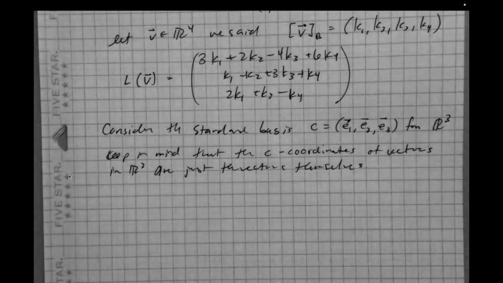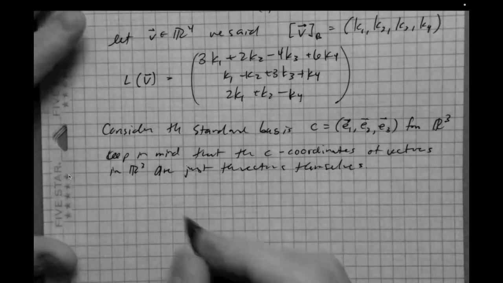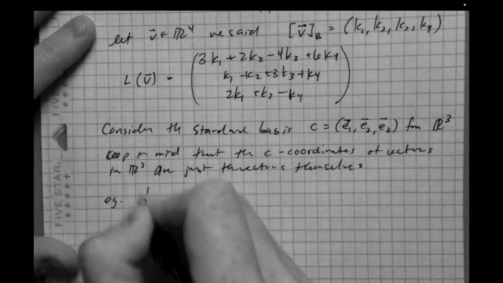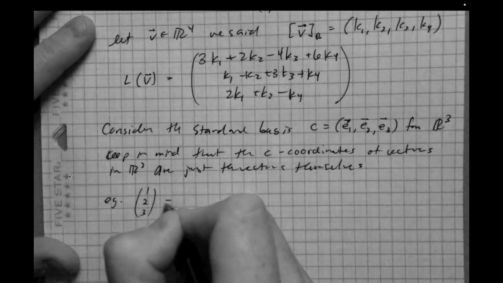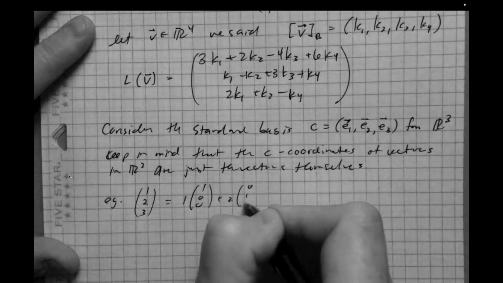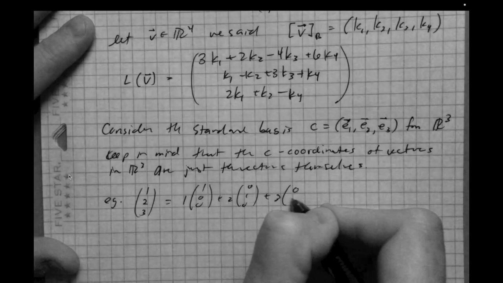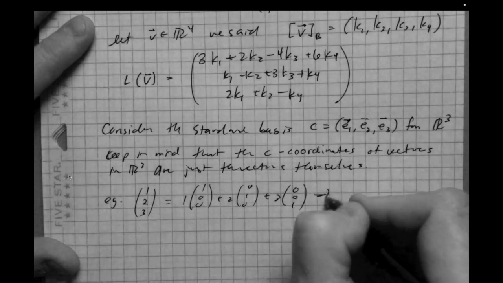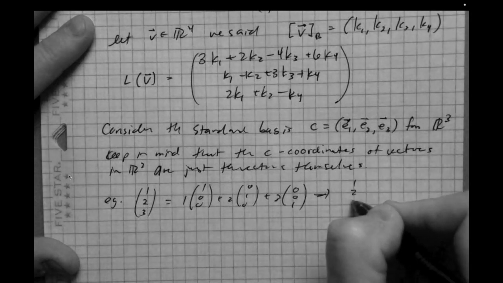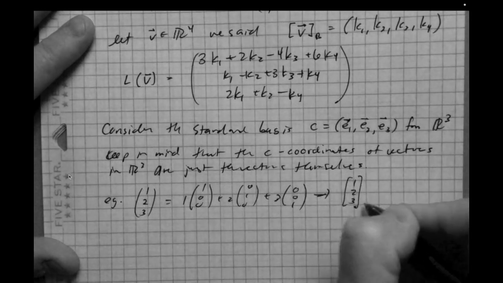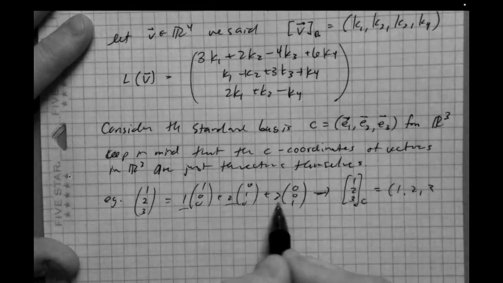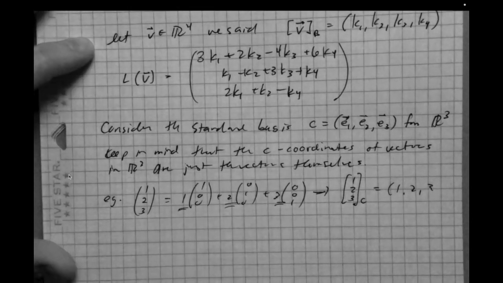Nothing mysterious there. For example, if I have the vector (1, 2, 3) in R3, that's equal to 1 times (1, 0, 0) plus 2 times (0, 1, 0) plus 3 times (0, 0, 1). That implies that the coordinatization of (1, 2, 3) under C is (1, 2, 3). Just make sure you're clear on that.